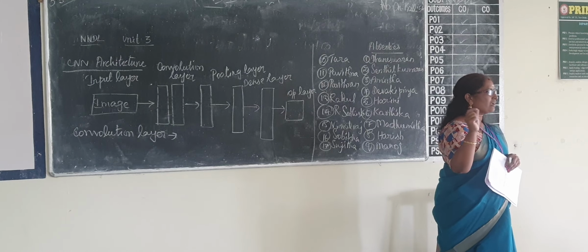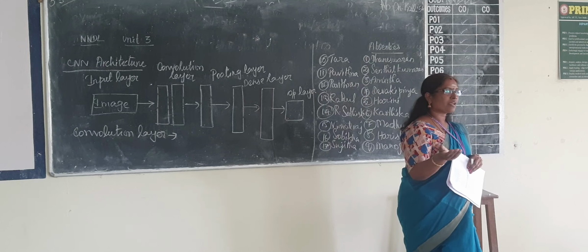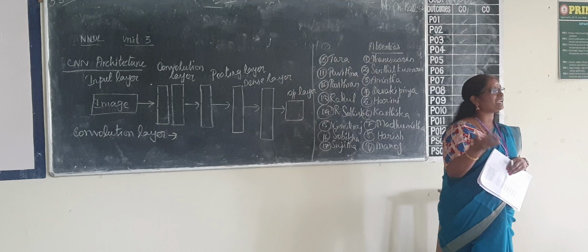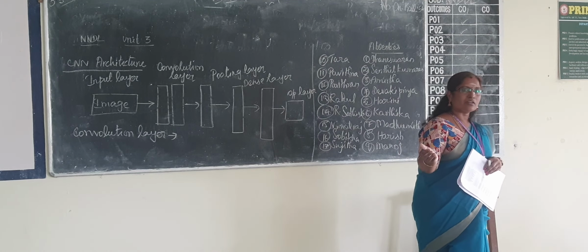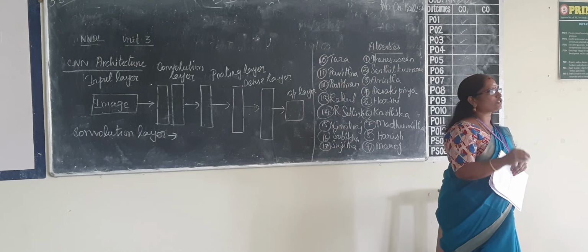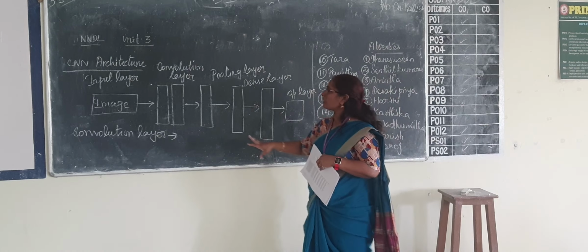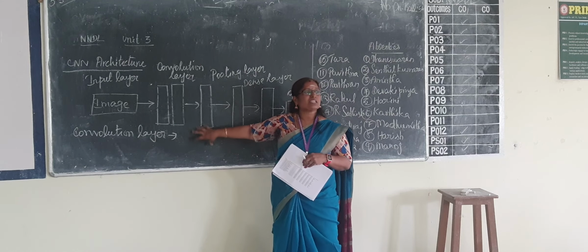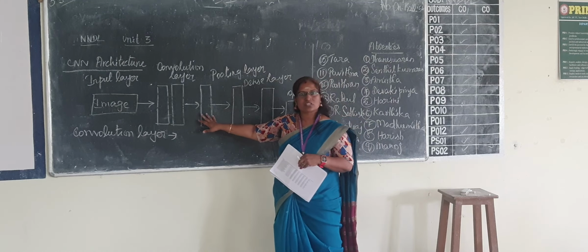Will it affect the quality of the image? It will not affect the quality. It occupies less space, so we are able to send it across the network, and not only the network, whenever you are transmitting from any source to destination. So this downsampling reduces the complexity of the computation. We will see the detail about this also.